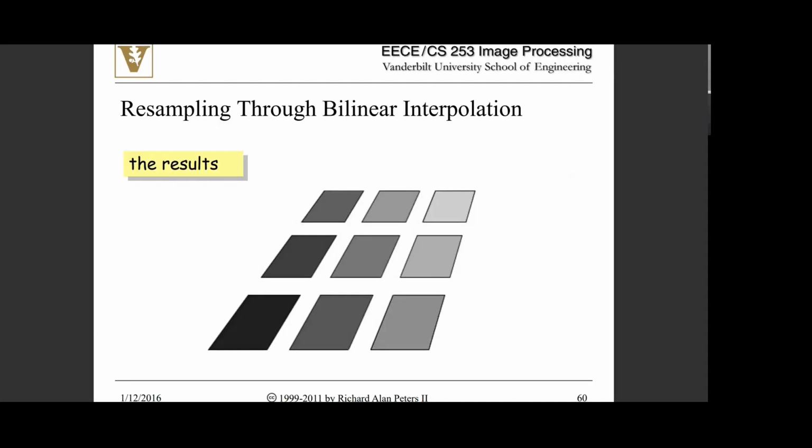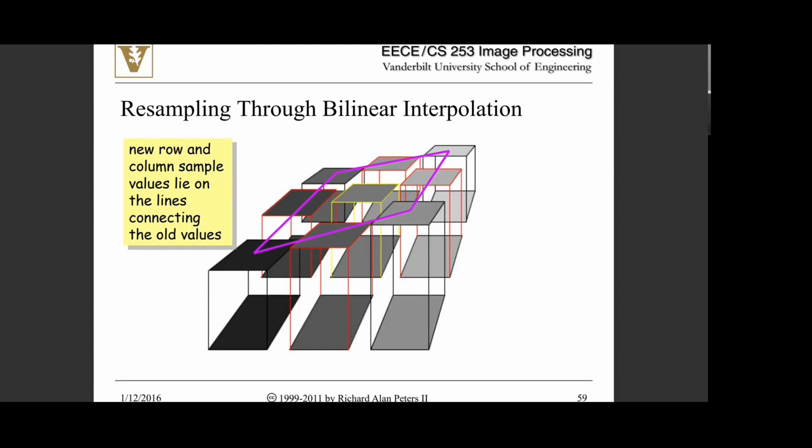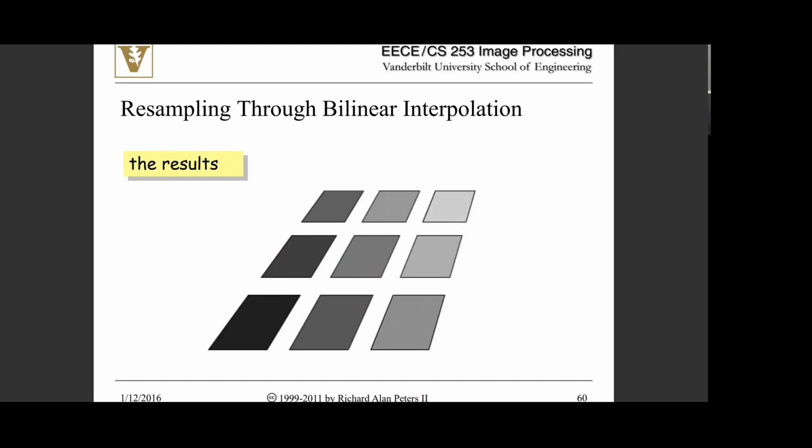This will be the result. We know from the original image these 4 corners. Now we fit the plane, we evaluate the values in between, and then we have the smooth transitions. These 4 corners are given from the original image, and all the others have been interpolated.